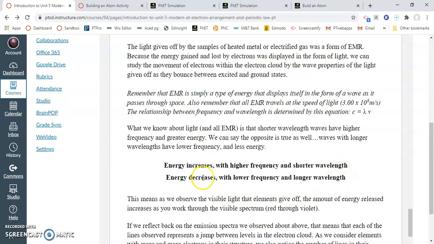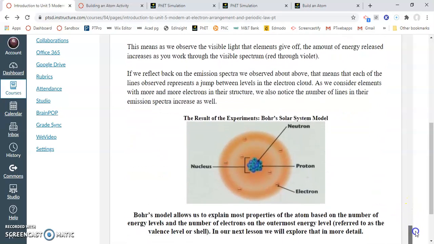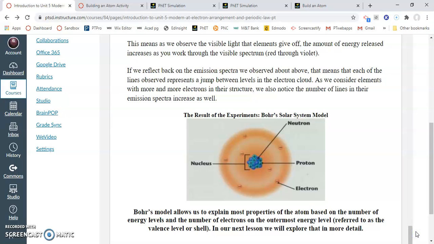Energy decreases when we have lower frequencies and longer wavelengths. This means that as we observe the visible light that elements give off, the amount of energy released increases as you work through the spectrum. So if you observe something that gives off red light, it's giving off lower energy light than something that gives off violet or ultraviolet light.